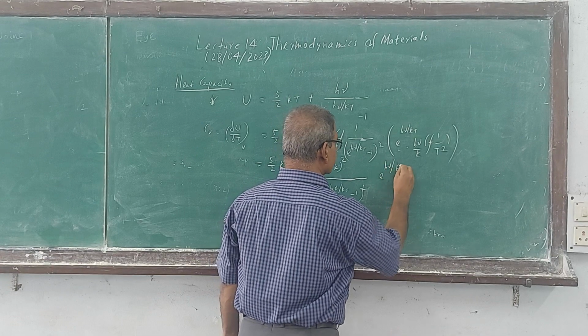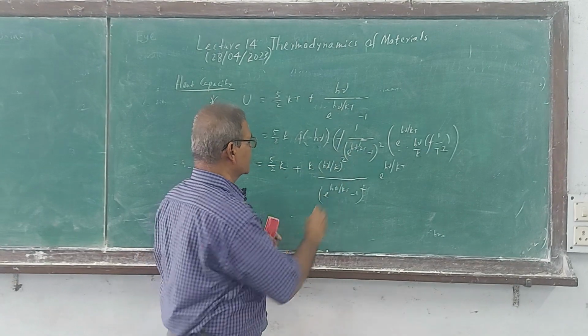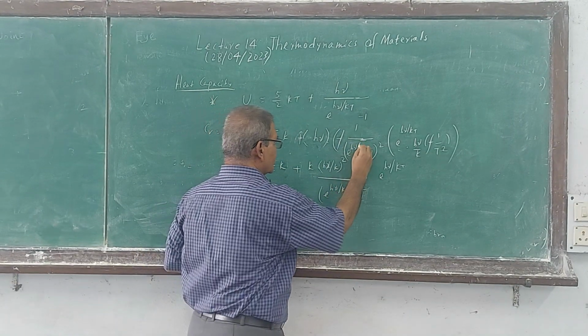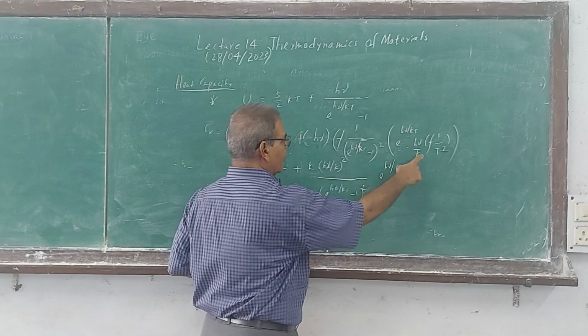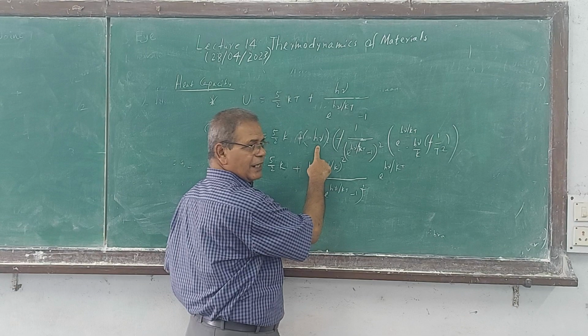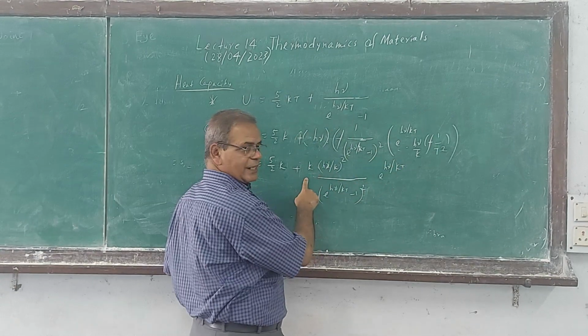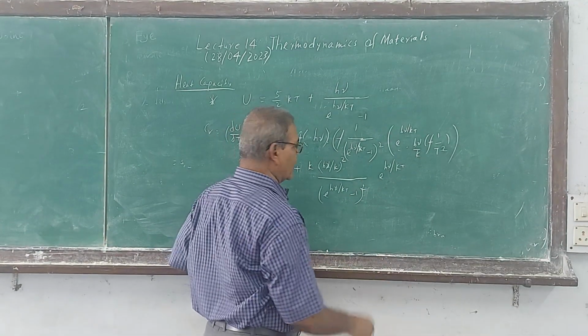You please check this. Check, I am helping you. I am working on this. h nu, I divide this by k and multiply by k. So k by k appearing 2 times, so squared.